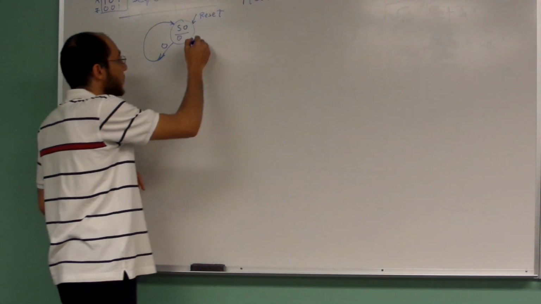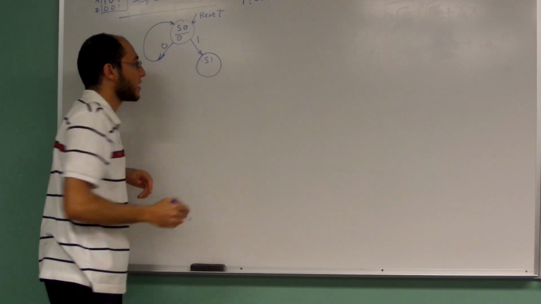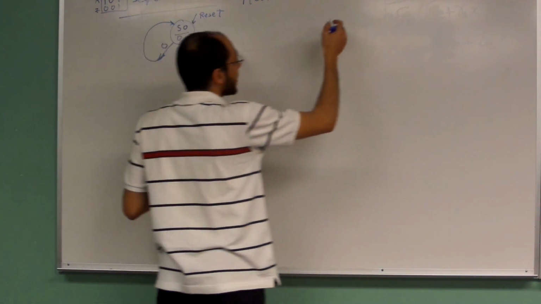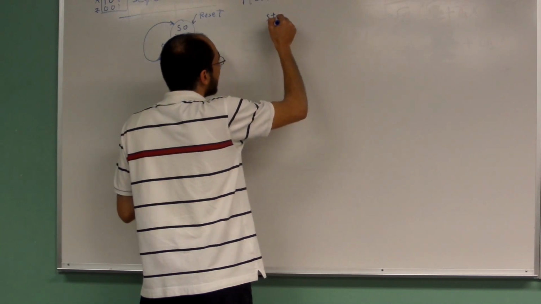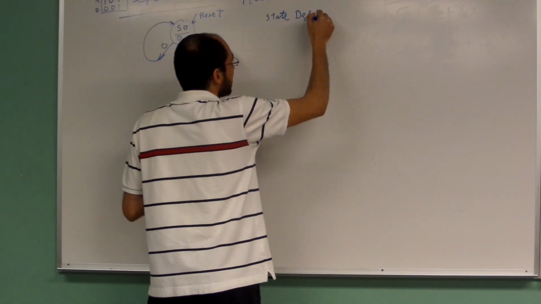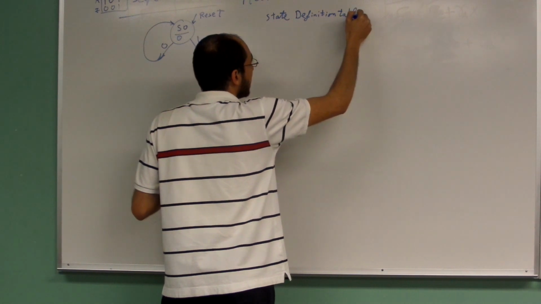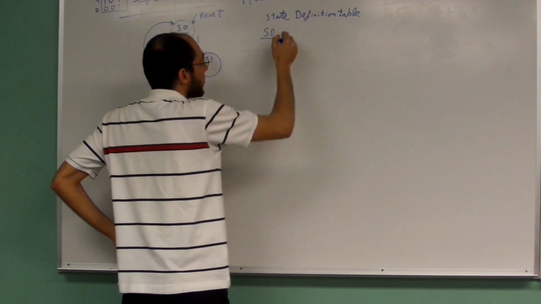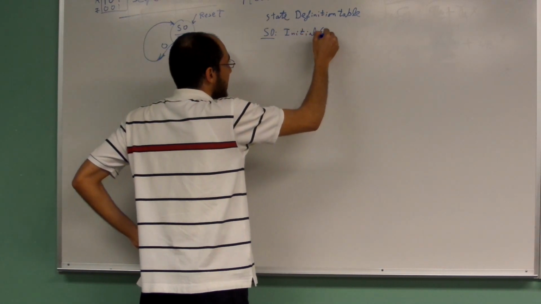What happens if you receive a 1? Of course, if you receive a 1, you need to go to a second state, and let's assume it's called S1. In our state definition table, we have state S0, which represents the initial reset state.